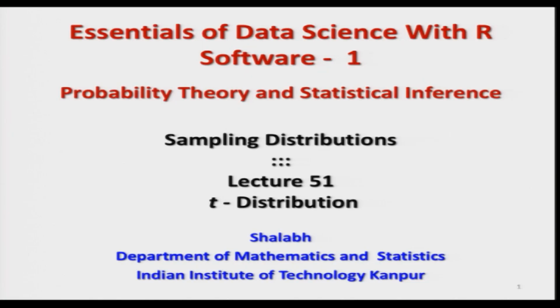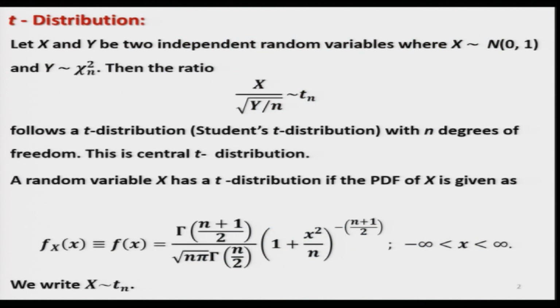Once again I am going to consider a function of random variables. We have to understand how to construct that function of random variables which is going to follow a t distribution. Suppose there are two random variables x and y, and both are independent.